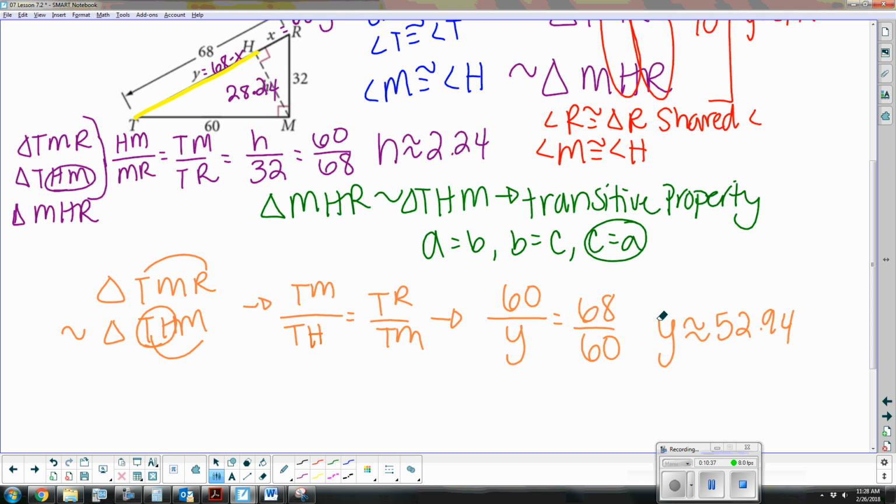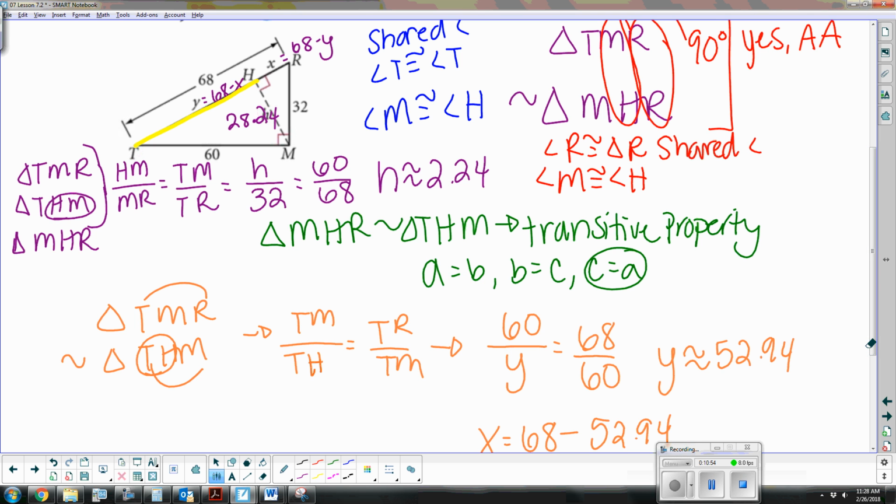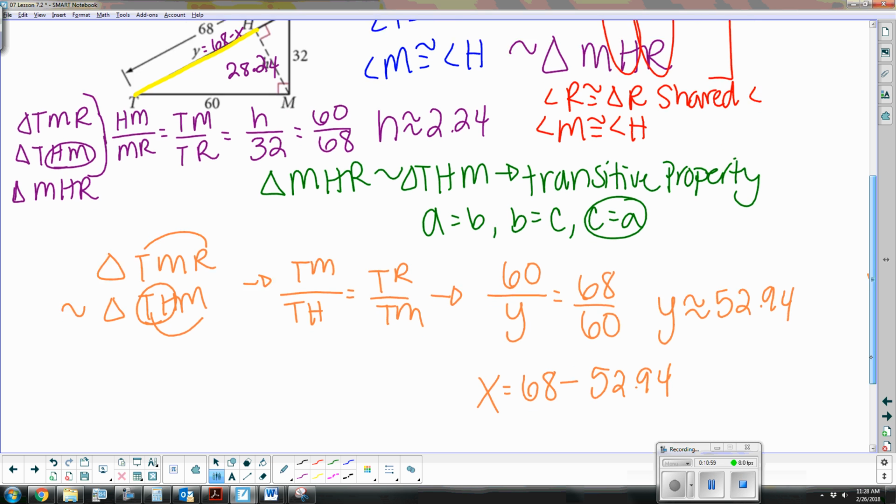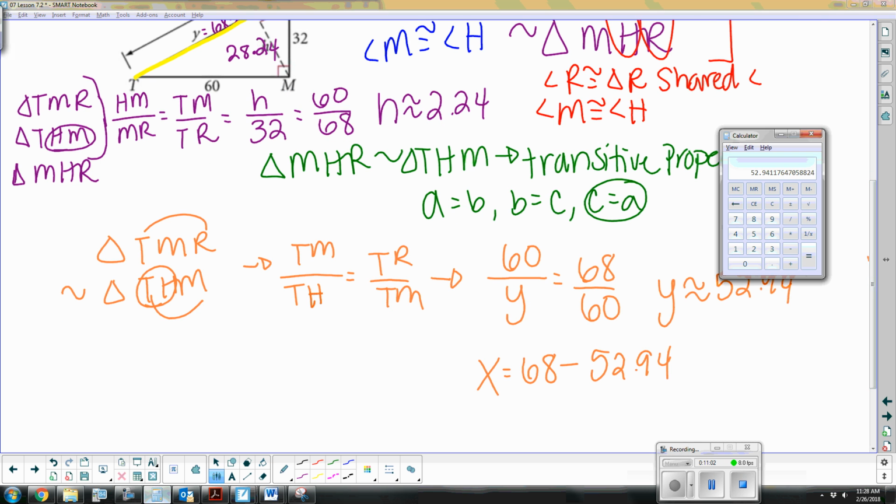So now I can do another similarity statement to solve for x, but I also know that x is 68 minus y, because if this whole side is 68, if TR is 68, then HR is whatever 68 minus y is. So 68 minus 52.94 equals 15.06.